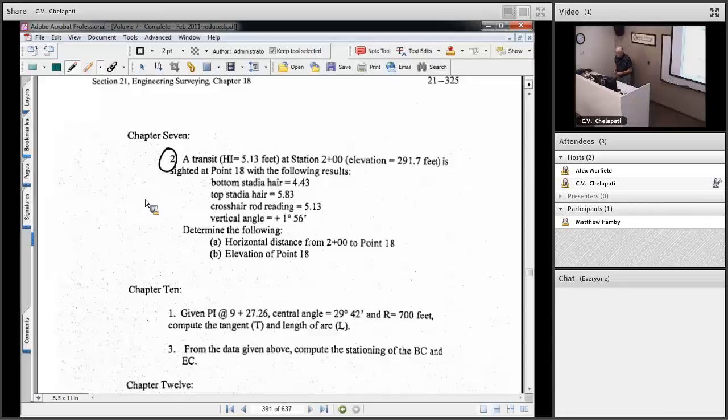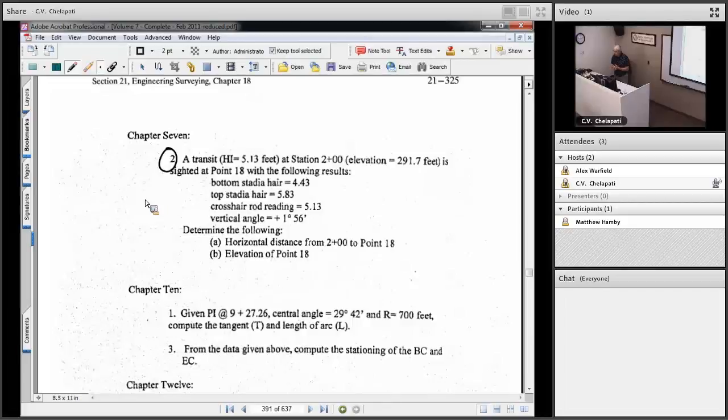Okay, we're given a transit sitting at station 2 with a given HI and a given elevation. And you're sighted at point 18 with the following results. We're given 3 rod readings, the bottom hair, the top hair, and the middle hair. And we're also given the vertical angle. Okay, determine the following.